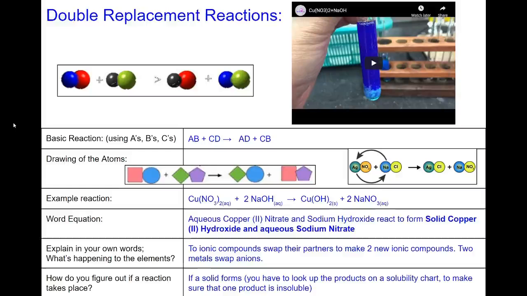I mix them together and they swap their ions. So I get 2 new types of compounds. We like to say they swap their dance partners, but these reactions don't always take place. We're going to have to look up and use a reference sheet to find out whether or not we actually get a reaction.